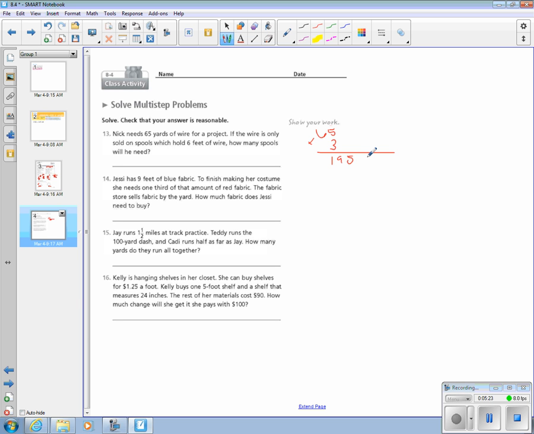Then we are going to take this number, and he needs 6 feet per spool, so we are going to divide it by 6.